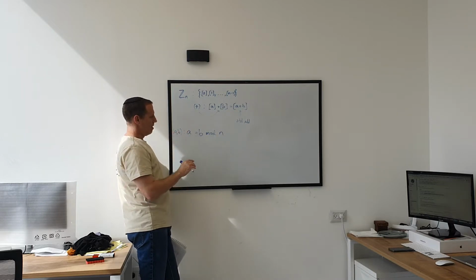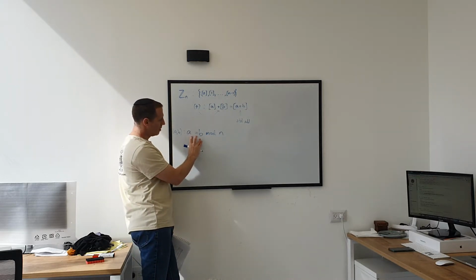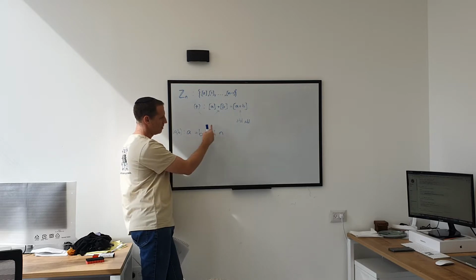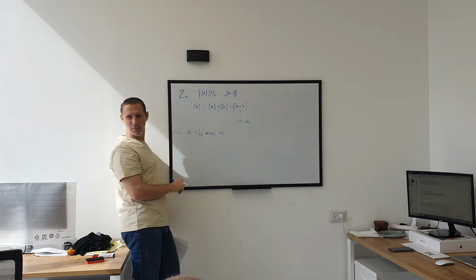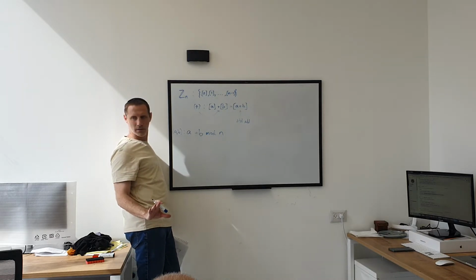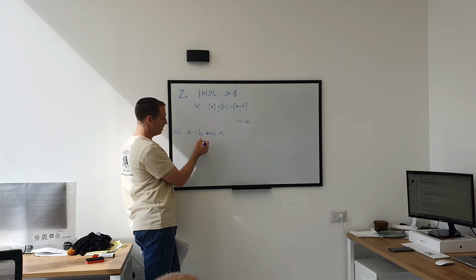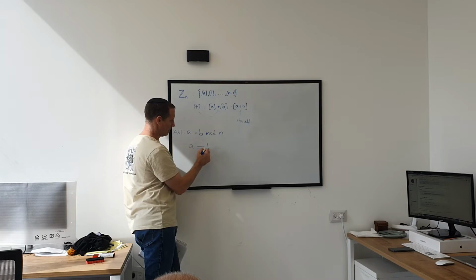Yeah, but it's not exactly B mod n, right? When you write something like this, it means that A and B are equal when they are in modulo n. But you mean A mod n equals B mod n? No, not necessarily. It's just a long way to write it.